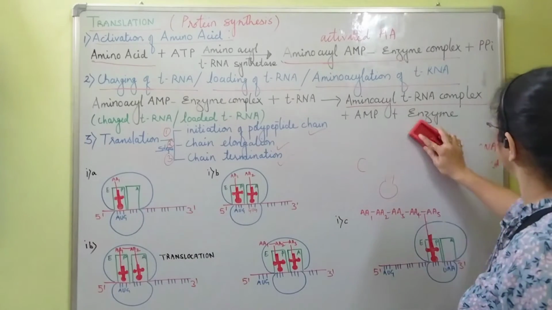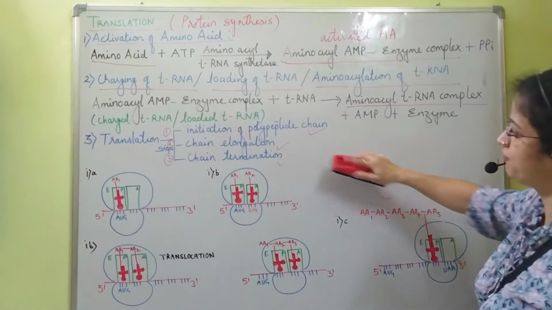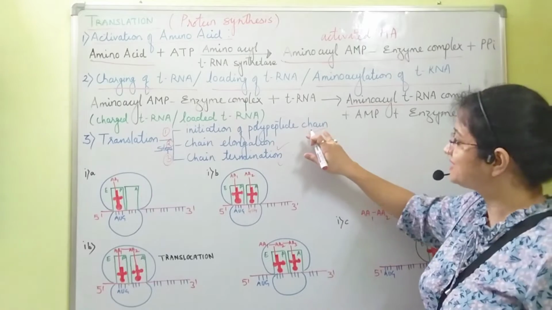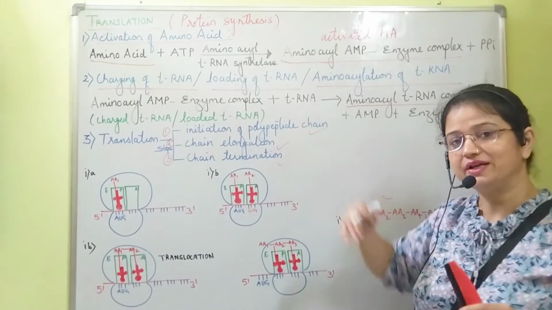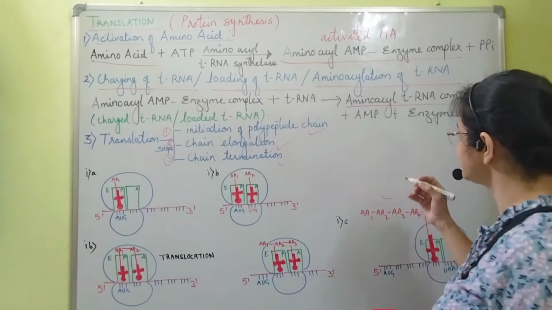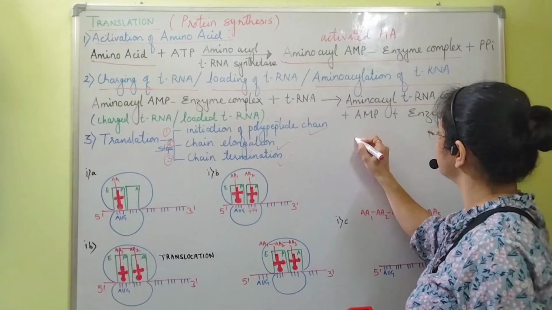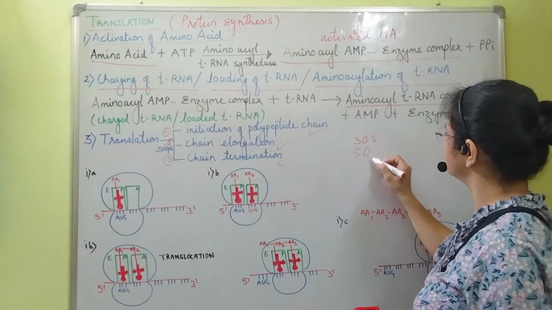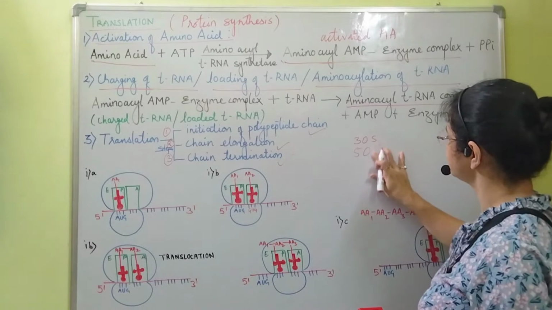The first step is initiation of polypeptide chain. We know that during this process we need certain things. What are these things? We need the smaller subunit of ribosome, that is 30S, the larger subunit, that is 50S.